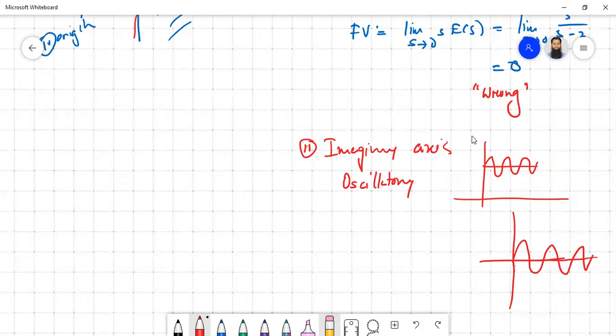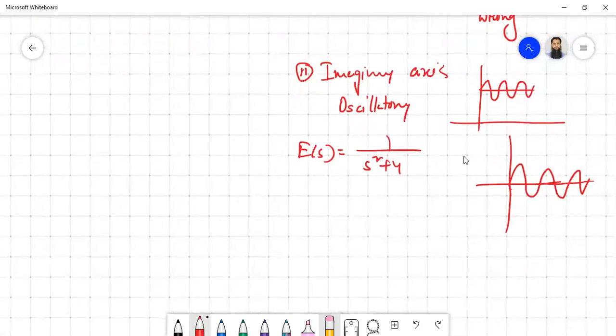Now, say your error is 1 by s square plus 4. Apply the final value theorem: limit s tends to 0 of s by s square plus 4. So 0 again.